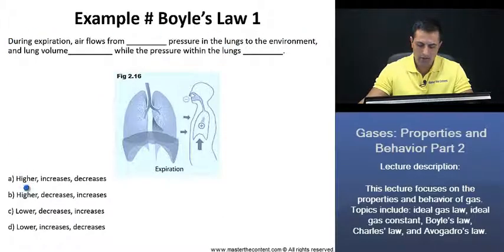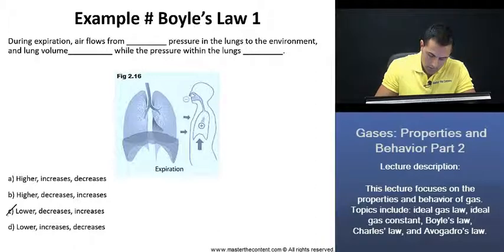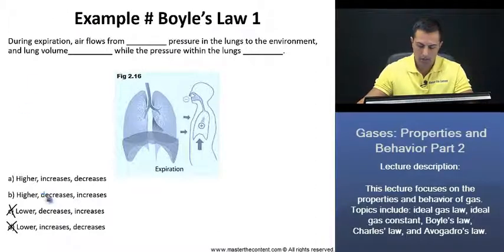We see the answer for that can either be higher or lower. Thus, during expiration, air flows from higher or lower pressure in the lungs to the environment. It's going to be higher pressure. Thus, we know that C and D are not going to be valid.